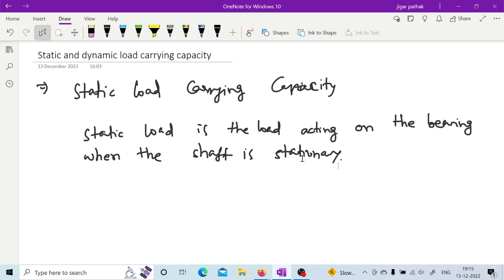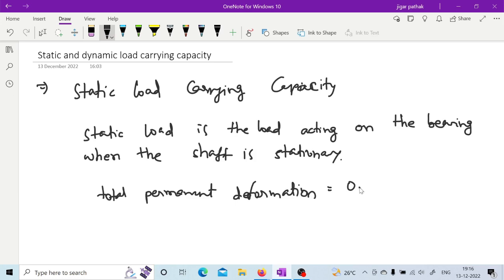For the maximum permanent deformation allowed because of this static load, it is generally of the order of only 0.0001 of the ball diameter, in case of ball bearing, for example.